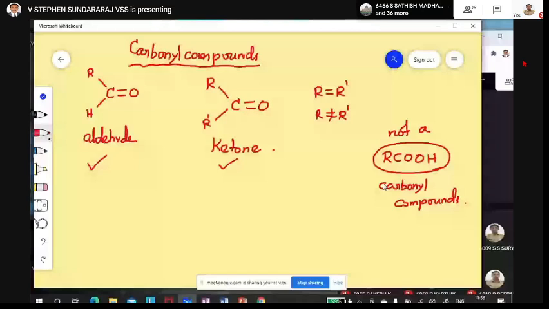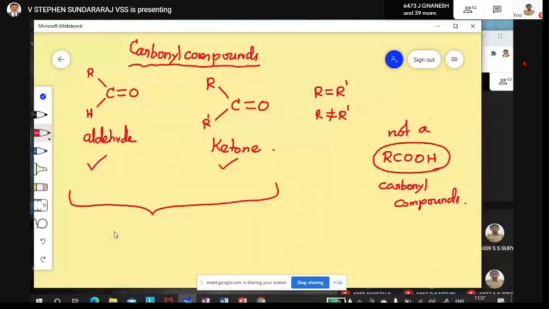So this is the introduction part, and ketone and aldehyde will be acting as functional isomers. Remember that they exhibit functional isomerism.